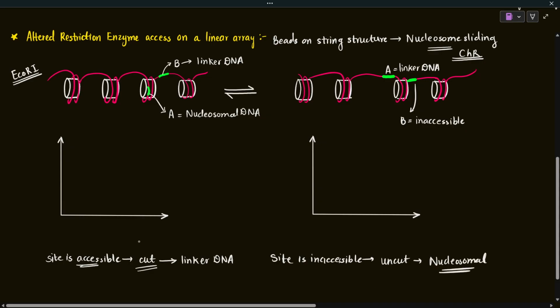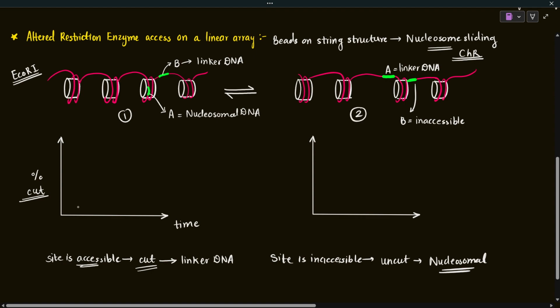Scientists collected the data and plotted the percentage cut on sites A and B over time. Let's assume this is case one and this is case two.